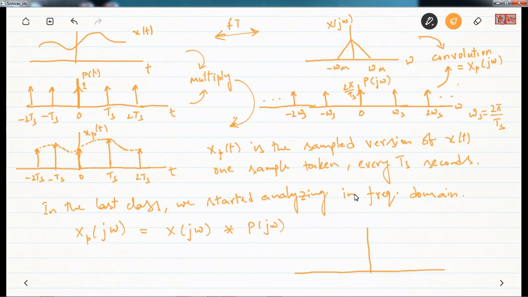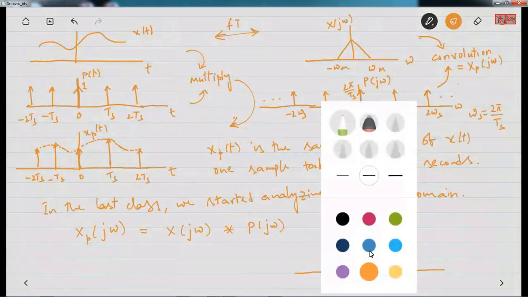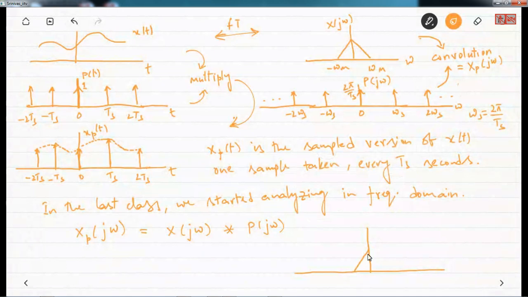Maybe I will draw the diagram here. Say 0.